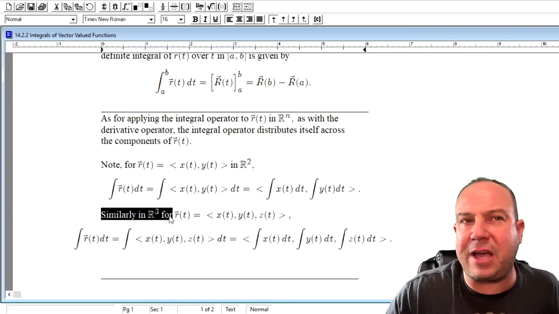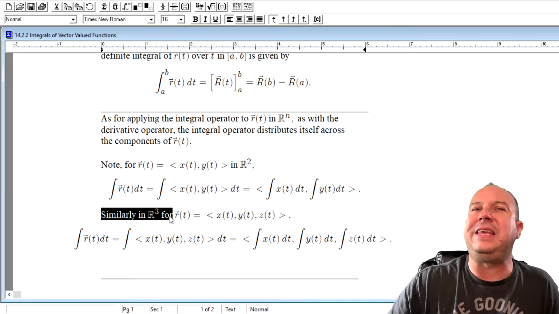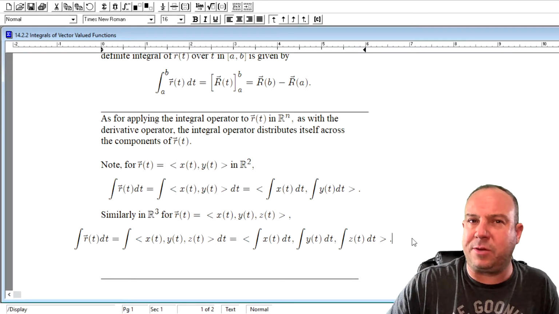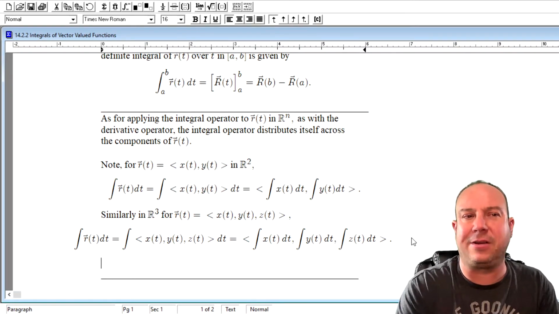Likewise, if we were to evaluate a definite integral, the integral operator would distribute itself. And we might even say that here.